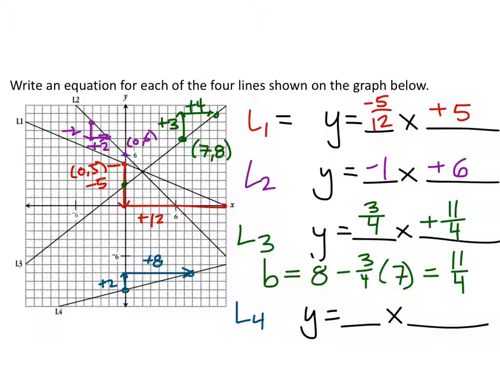So that would be 2 over 8, which simplifies to 1/4. For this one we have the y-intercept here, which appears to be at (0, negative 10). So the y-intercept would be negative 10. So we get the equation y equals 1/4 x minus 10. And that is all 4 equations for all 4 lines.